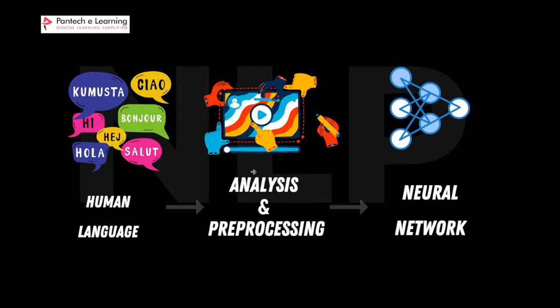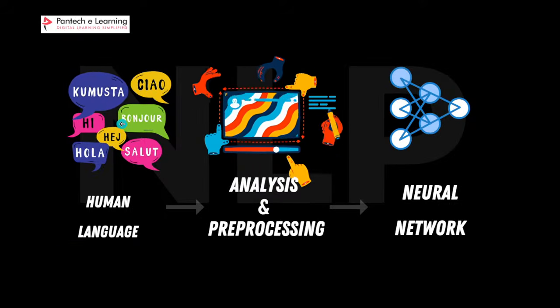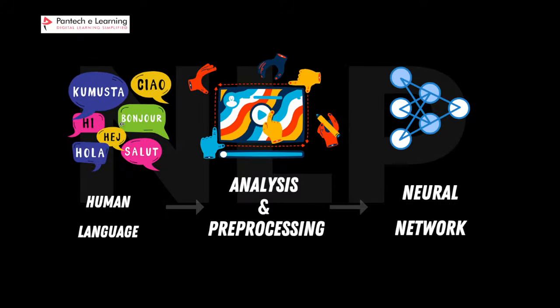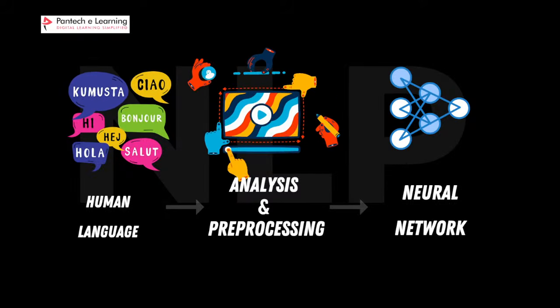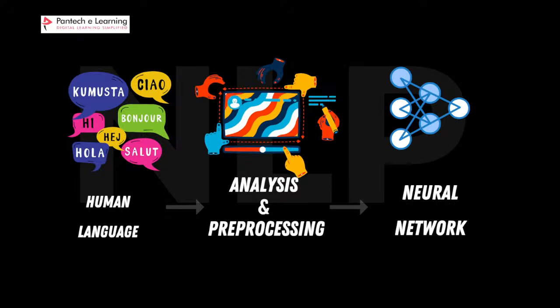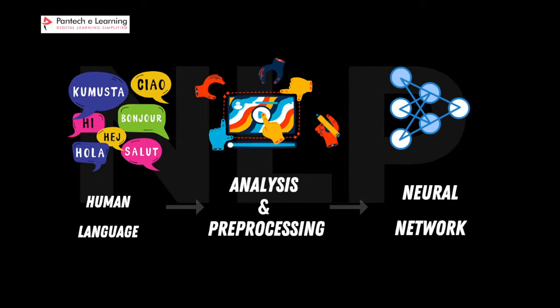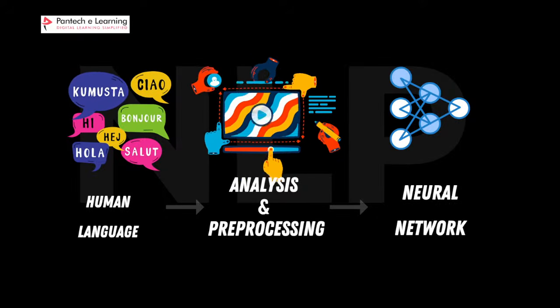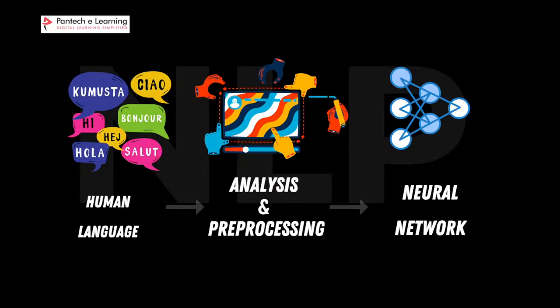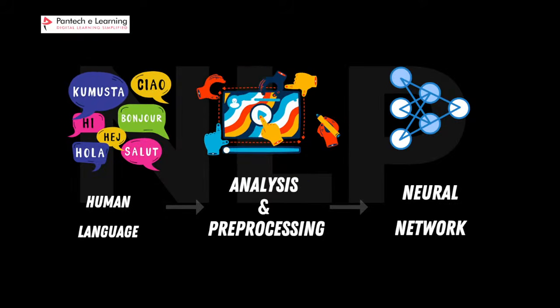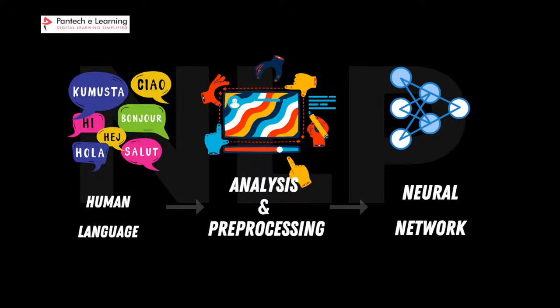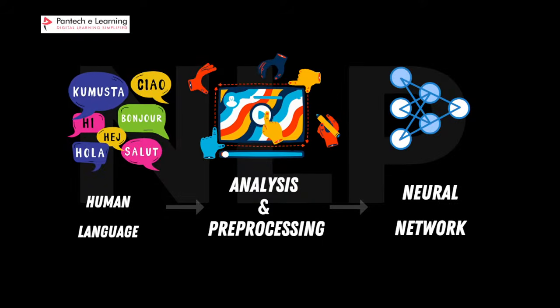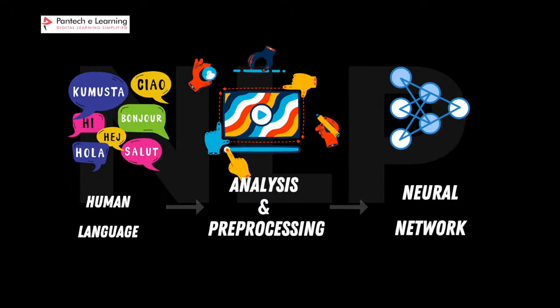This is a separate concept to help the computer understand human language clearly. Whether it is text, speech or any kind of data, it will be converted so the computer can easily understand the slang and language.